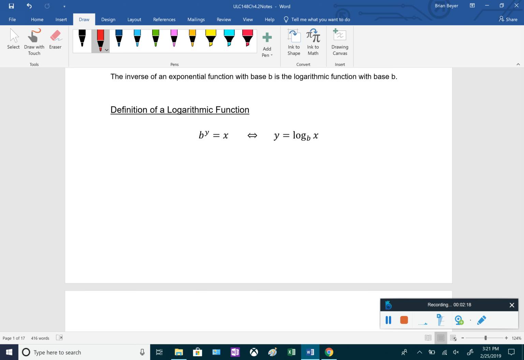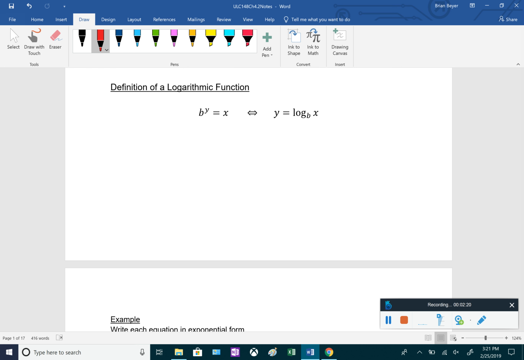So here's a definition we'll be using for a logarithmic function. If we have b to the y equals x, that's the same thing as y equals log base b of x. So this over here is exponential form, and on the right-hand side, it is logarithmic form.